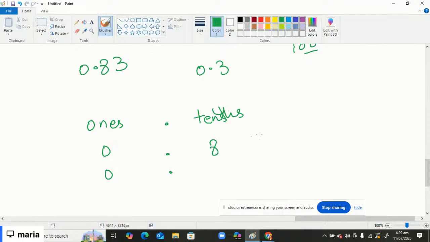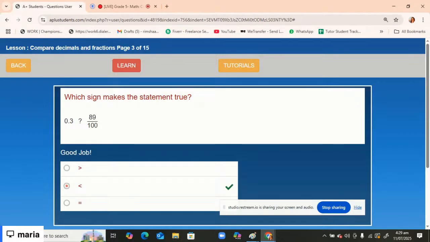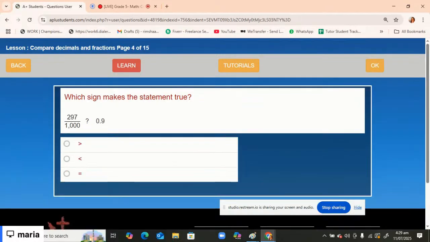The first one is 8 and then it's 3. These are both the same, but when we check the tenths, this is 8 and 3. So 8 is greater, it means that 0.83 is greater than 0.3. And here is the right answer, okay?